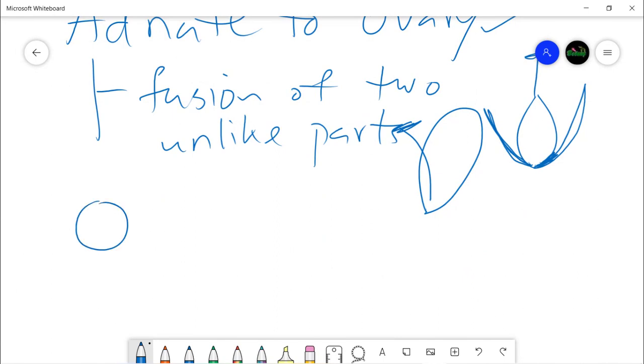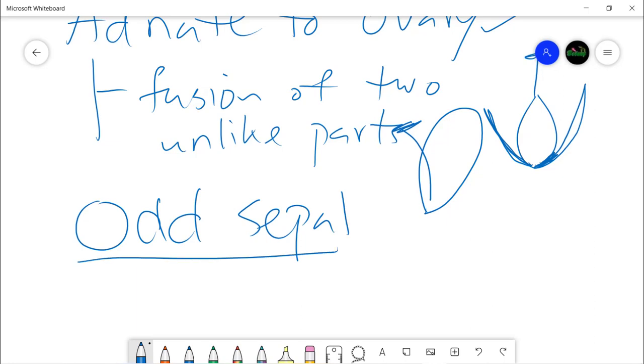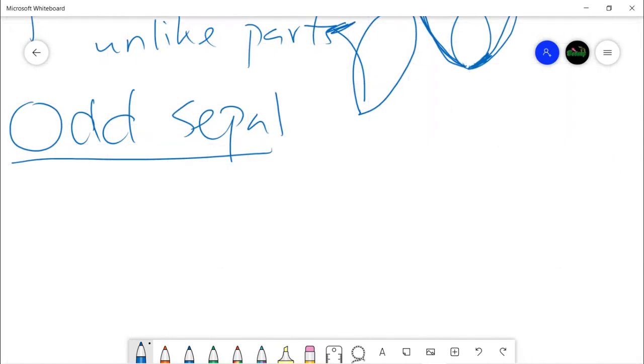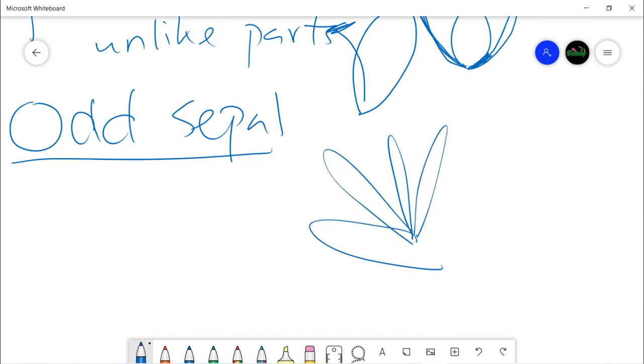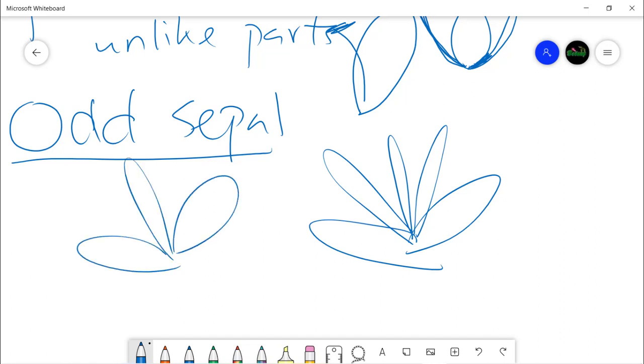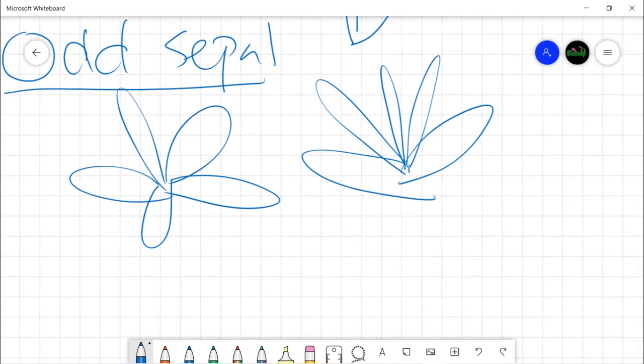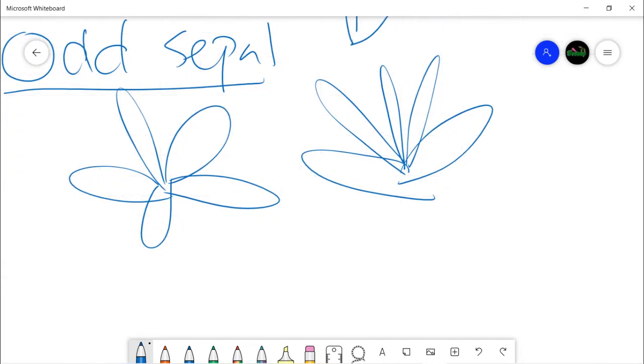Next, we use a term odd. So odd sepal, odd petal. If sepals are 5, for example, these are 1, 2, 3, 4, and 5. Or if we draw them in a circle, as you can see, one of them will be the odd one.